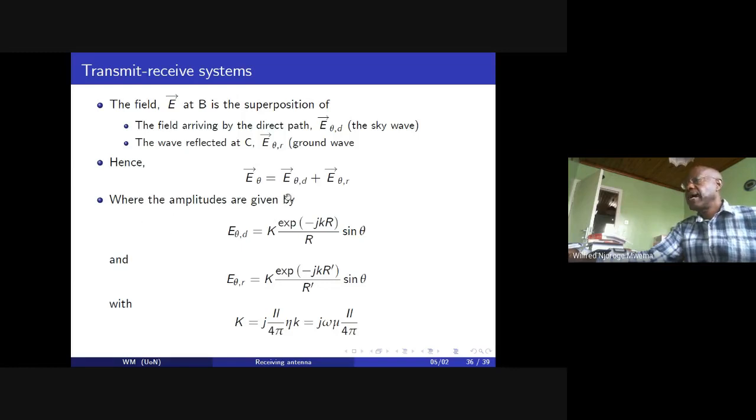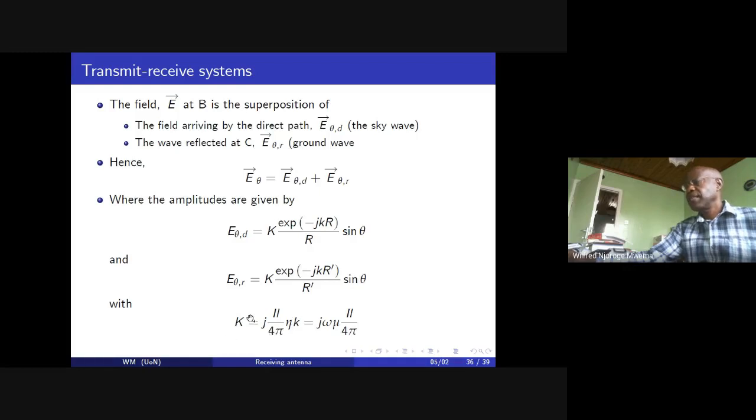The amplitudes are given by a constant K multiplied by the propagation factor, or phase shift, and multiplied by sine theta. For the reflected wave, it is of course given by that value, where that is the phase shift due to the distances, multiplied by sine theta.